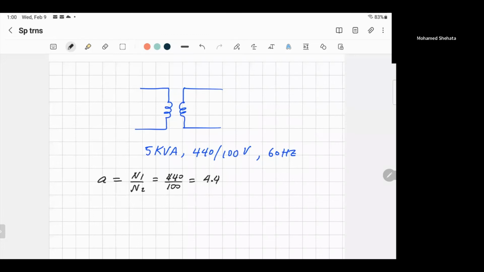Okay, so that's the turns ratio. What about 5 kVA? The value of information, 5 kVA? Yes. Cannot.